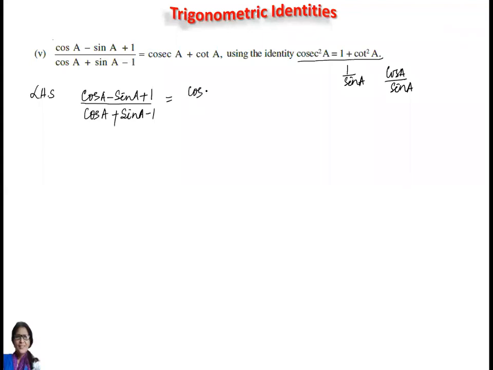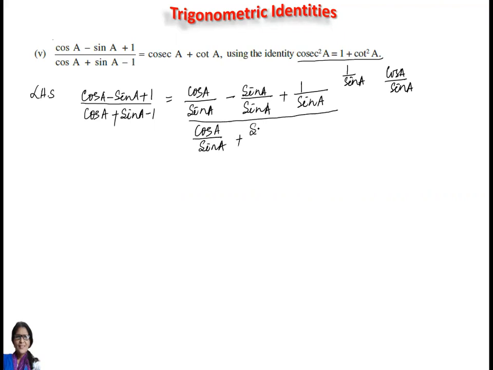So what I'm writing, cos A by sin A minus sin A over sin A plus 1 by sin A. All the terms in the numerator I divide with sin A. Then I'll go for denominator. Cos A by sin A plus sin A upon sin A minus 1 upon sin A.